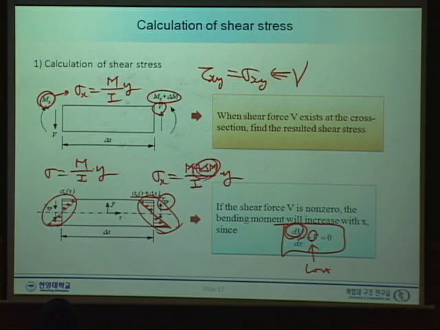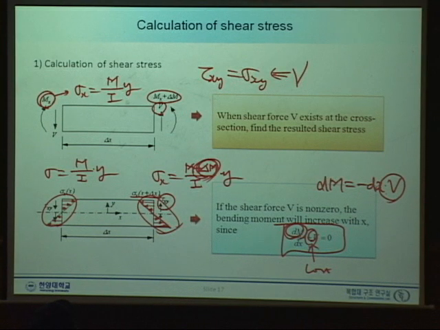Now, those increments, okay, keep that in mind. Why is there a moment increment? Because of this. See here, dM equals minus V dx.